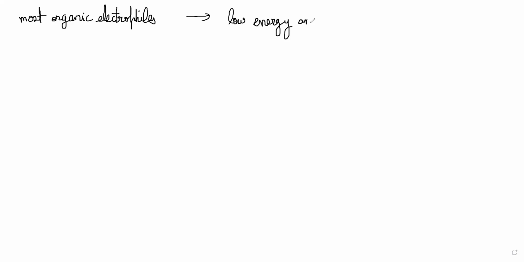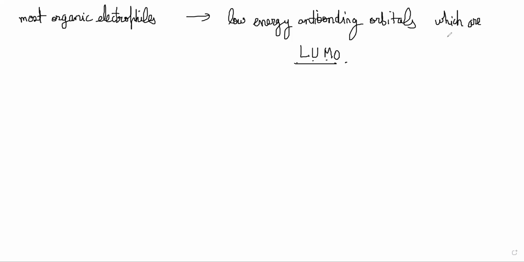He's saying most organic electrophiles will have low energy anti-bonding orbitals, which will be the LUMO, lowest unoccupied molecular orbital, right? Which are attached to, or associated with, an electronegative atom.